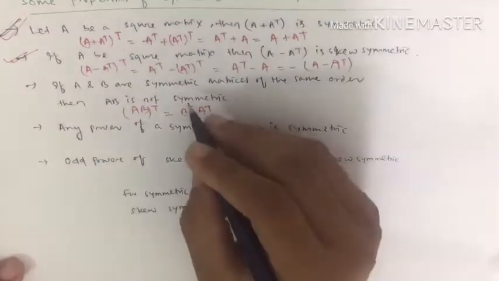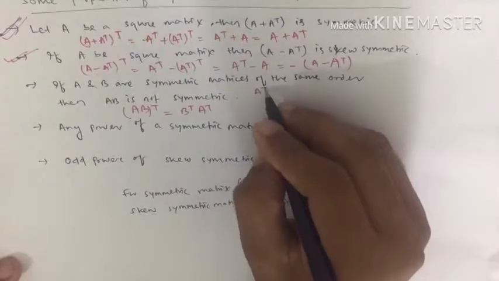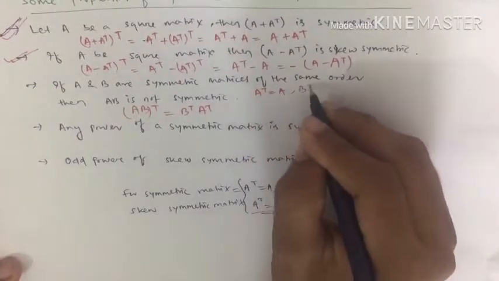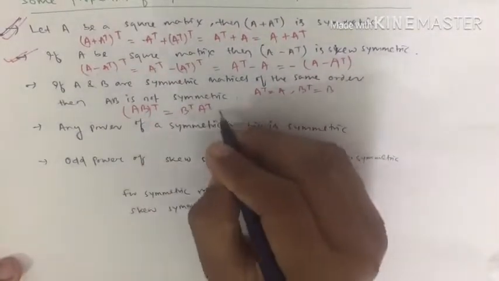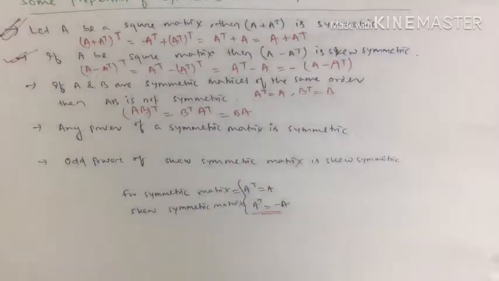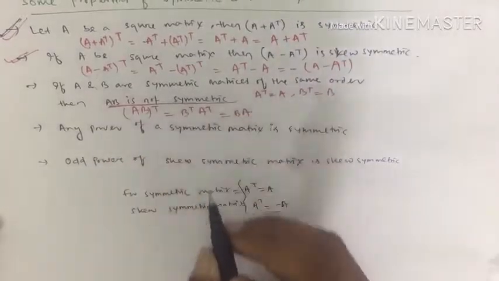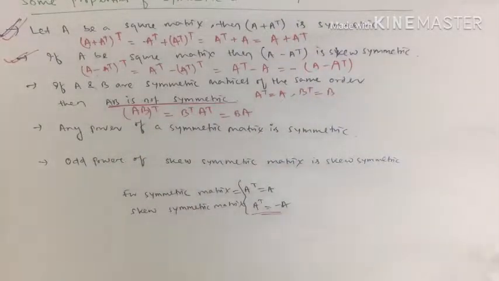Okay, given A and B are symmetric, A transpose simply equals A and B transpose simply equals B. So the transpose of AB gives you BA, where you already know AB is not equal to BA, so AB is not symmetric even though A and B are symmetric.